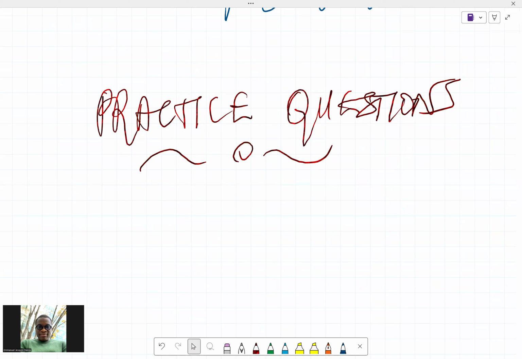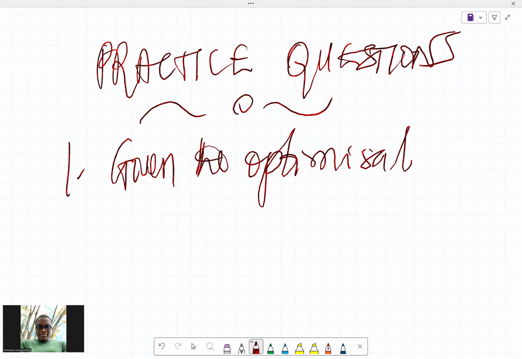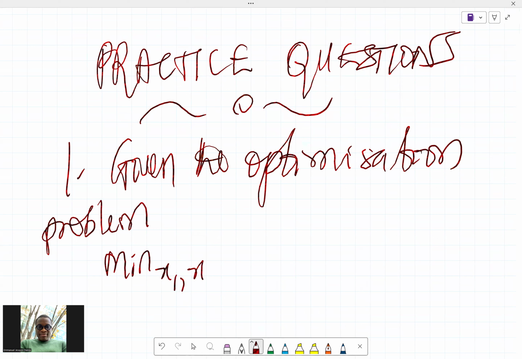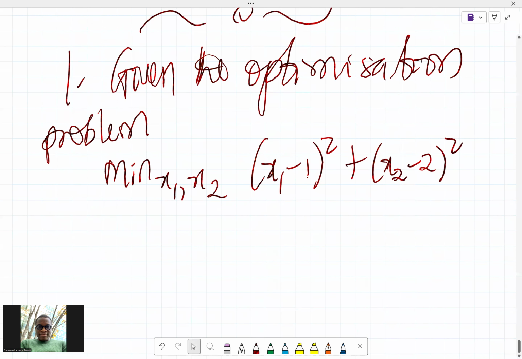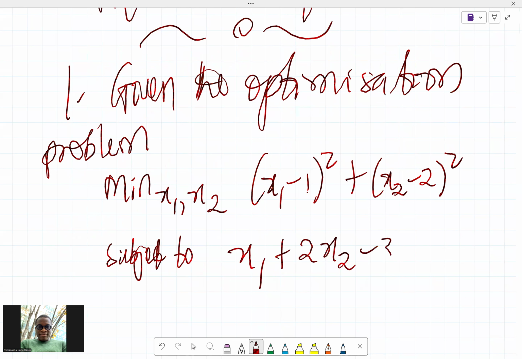That said, let's take one or two problems. Let's take the first one. Given the optimization problem, minimize over x1, x2 the function (x1 minus 1) squared plus (x2 minus 2) squared, subject to x1 plus 2x2 minus 3 equals 0.